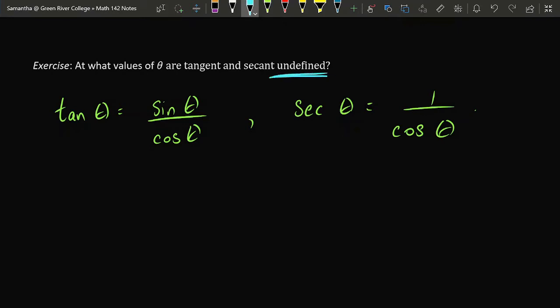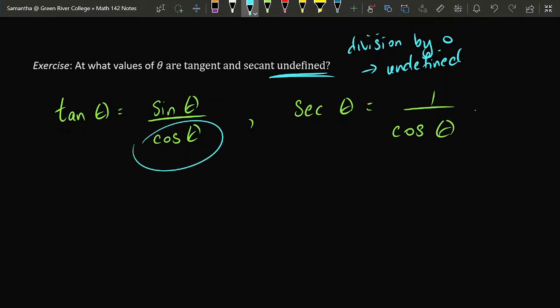Now, one of the ways to make something undefined is to divide by 0. Division by 0 makes something undefined. And what I'm noticing is that both tangent and secant have this property that cosine is in the denominator.